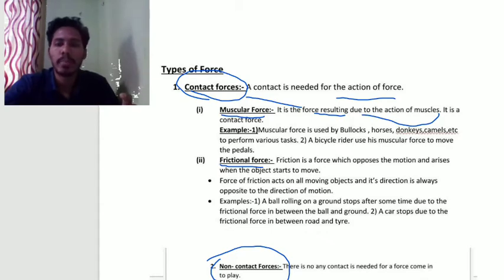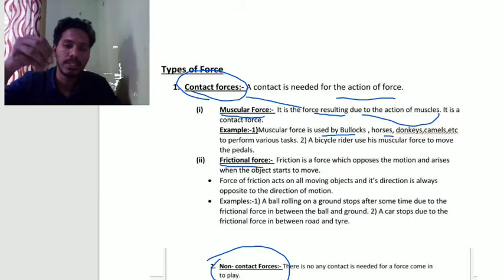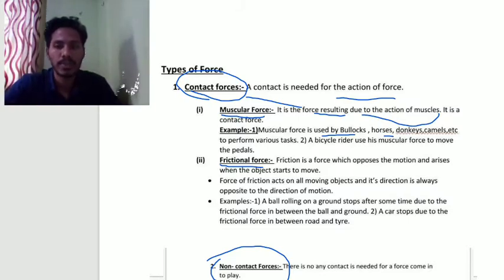Muscular force is used by bulls and horses, then donkeys, camels, etc. These are included in muscular forces and it needs a contact. We can also include muscular forces applied to pick an object or to throw an object. Human forces are muscular forces.